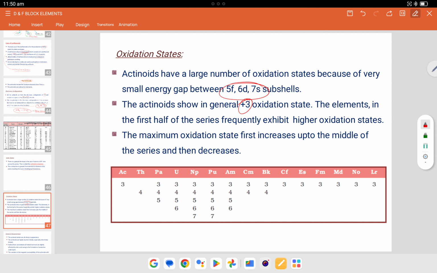The maximum oxidation state first increases up to the middle and then decreases, just like d-block elements. So actinium is +3, thorium +4, then +3, +4, +5, then +3, +4, +5, +6. The maximum is +7 and then it decreases to +3. So +3 is the common oxidation state.